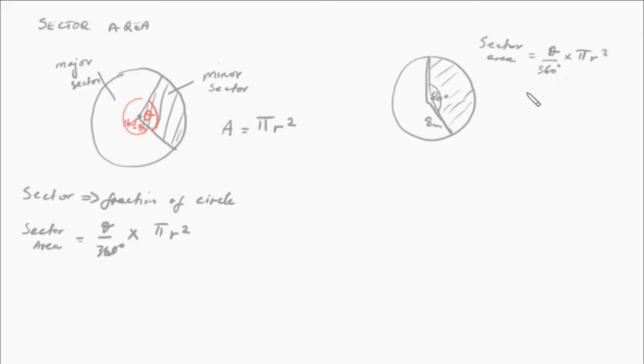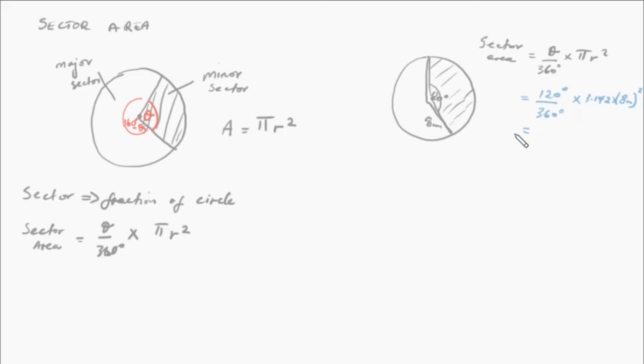All right. Now, here it's obvious that our theta is 120 degrees, over 360 degrees from the formula. Then we multiply this by 3.142, which is the pi. Then we multiply this by 8 centimeters squared. So what do you get? 8 centimeters squared is 64.